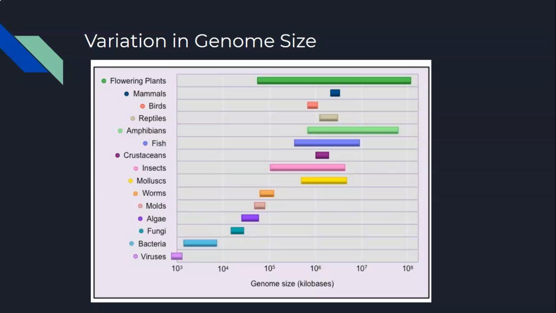And then last but not least is variation in genome size. The larger the bar, the more kilobases that you have in their genome, so the larger the genome. Now we're a mammal, so ours is actually quite small in comparison to, say, flowering plants, which is absolutely massive. And the reason that flowering plants is so big is because they can change their genome all the time, right? We learned about polyploidy.